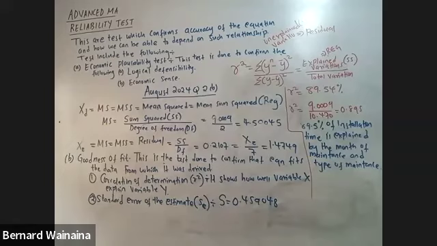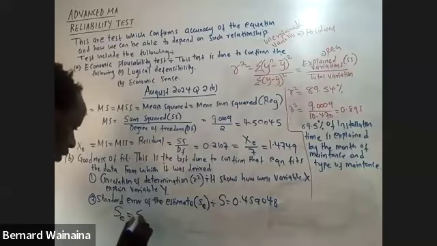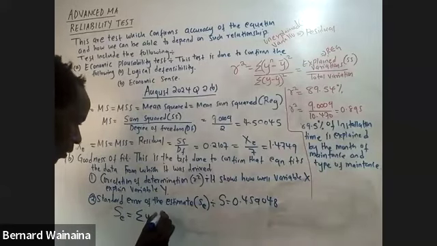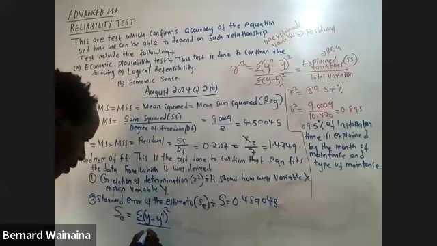Now, how much error shall we make if we rely on that equation? It is what we call the standard error. Now, this is the formula for standard error. Standard error is equal to the square root of summation of y minus y hat squared over n minus k.